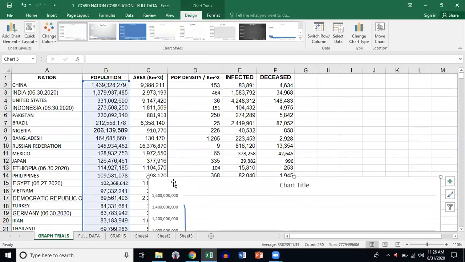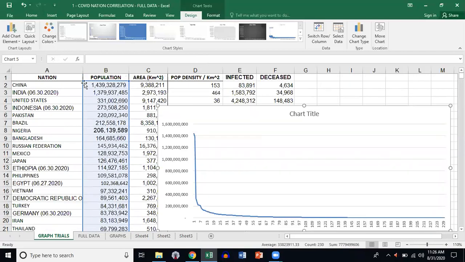There we go. Okay, China with 1.5 billion people, then India following closely, almost 1.4 billion people, right? So these are the two highest countries here by population. Then we have the third country with a population of 331 million.